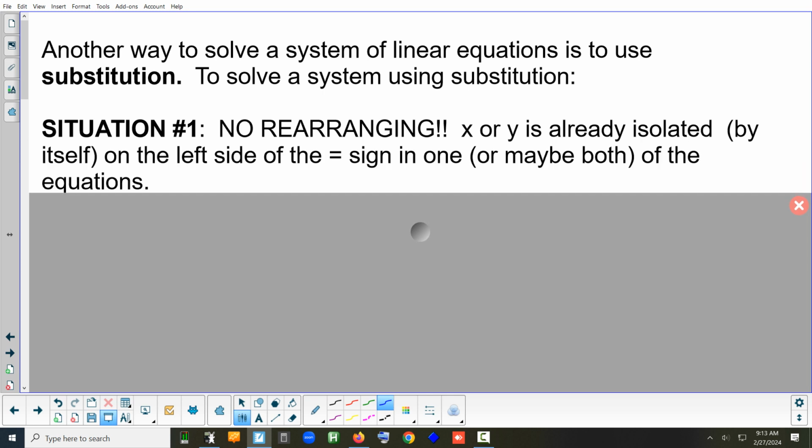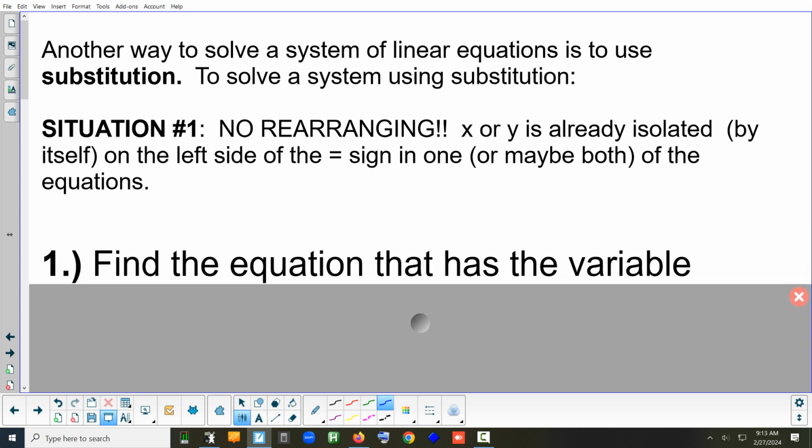Okay? So, situation 1 is when there's no rearranging to do, and the x or the y is already by itself. It's possible you could have the x or the y by itself in just one of the equations, or both.